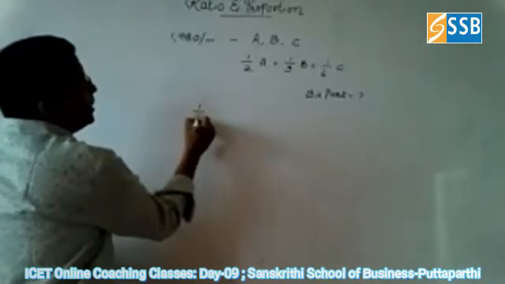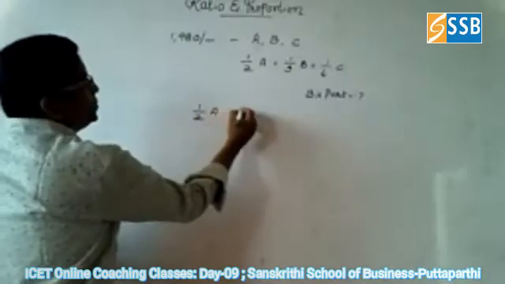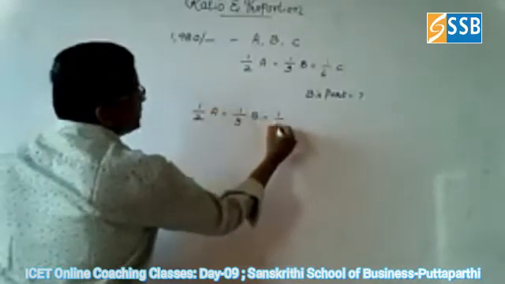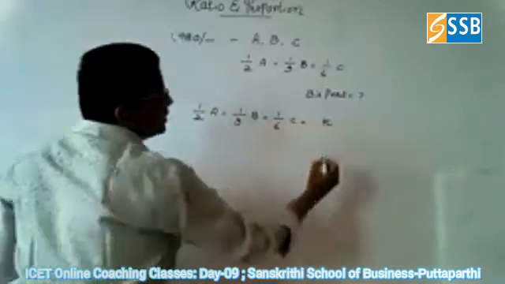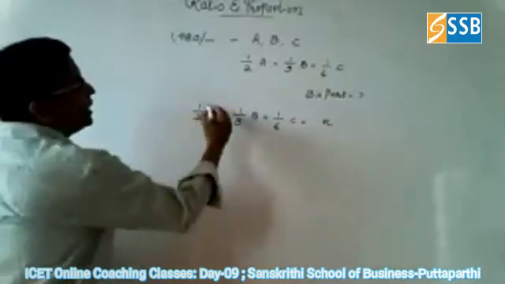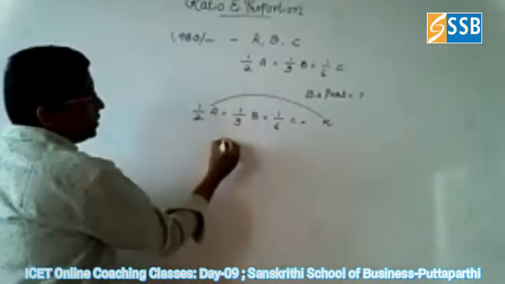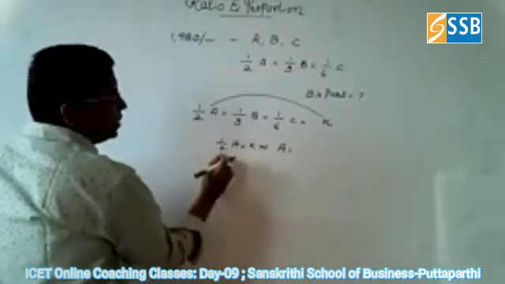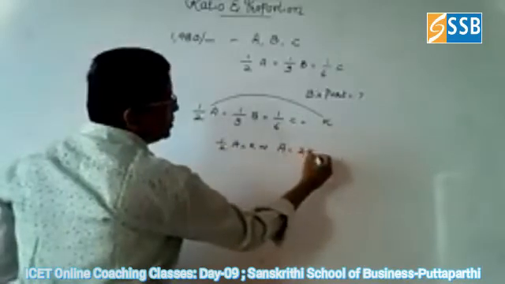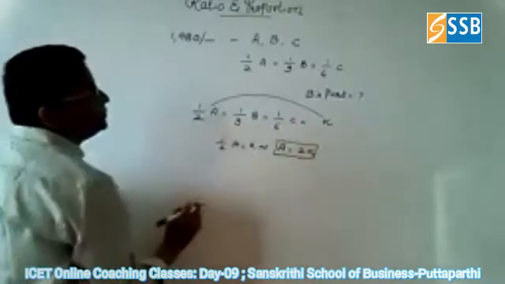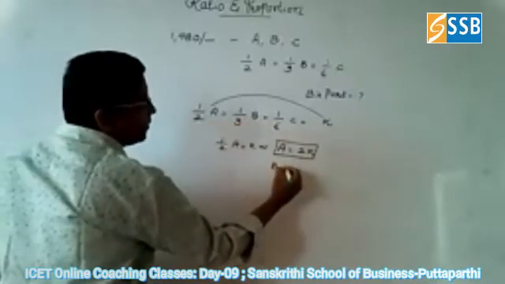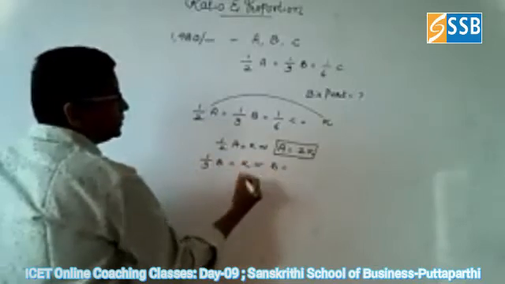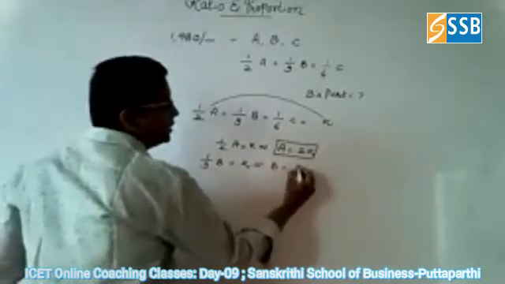Here 1/2 of A is equal to 1/3 of B is equal to 1/6 of C. Let us assume this as one constant K. Equating each one, 1/2 A is equal to K, so A is equal to 2K. In the same way for B, 1/3 into B is equal to K, so therefore B is equal to 3K.